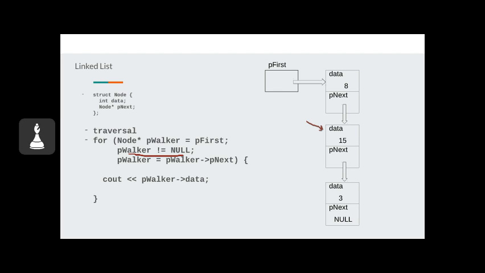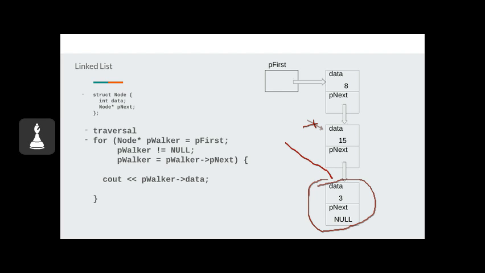The next time we do an update, P Walker is P Walker next, so P Walker was pointing to this. P Walker next now points to this one. So P Walker gets updated to point to the last item in the list. It's not null, it's pointing to a valid node.